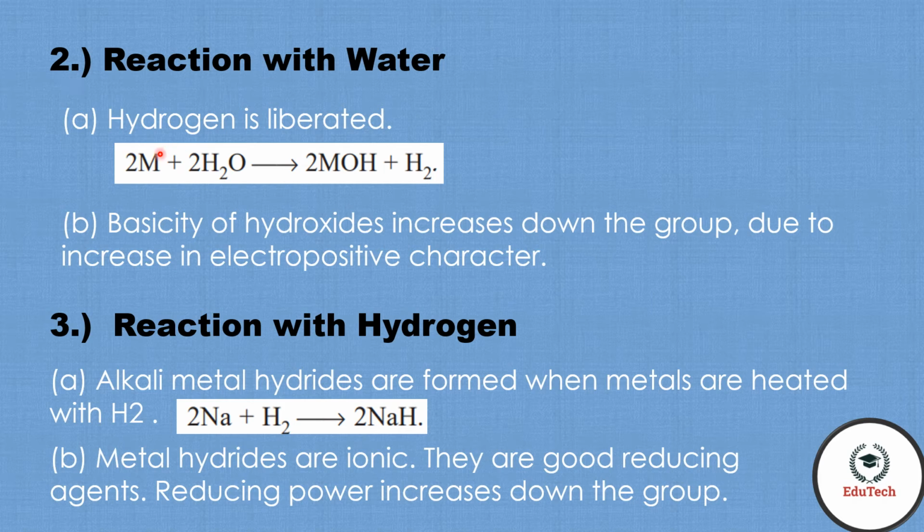Reaction with water. Hydrogen is liberated when 2 moles of any metal, let me take sodium, 2 moles of M, we can substitute M with sodium. So 2 moles of sodium reacted with 2 moles of water to get 2 moles of sodium hydroxide, and hydrogen is liberated as a byproduct.